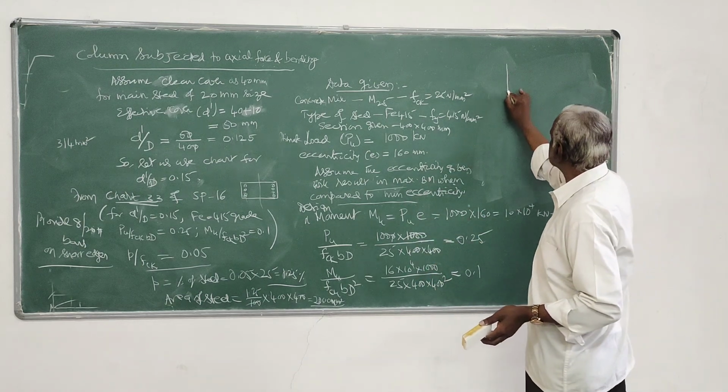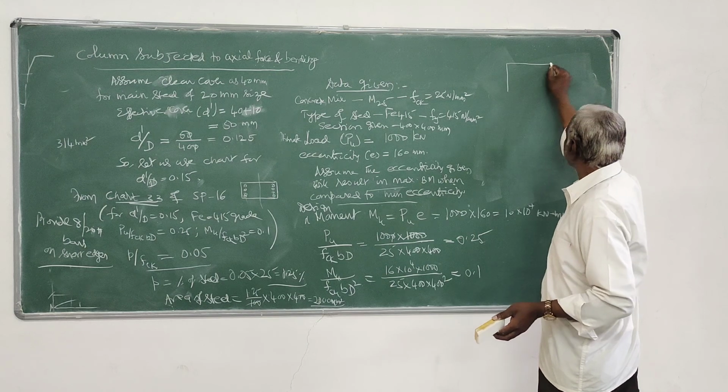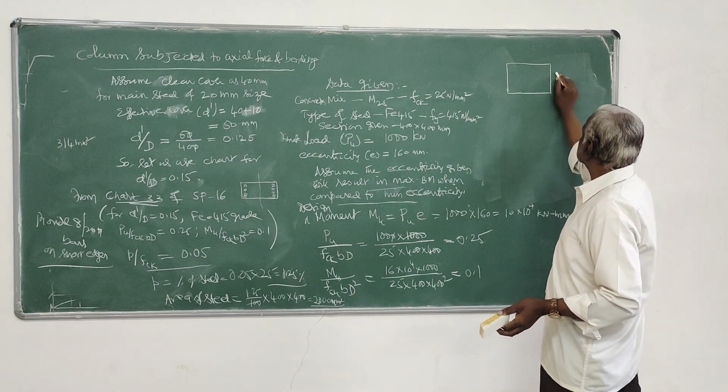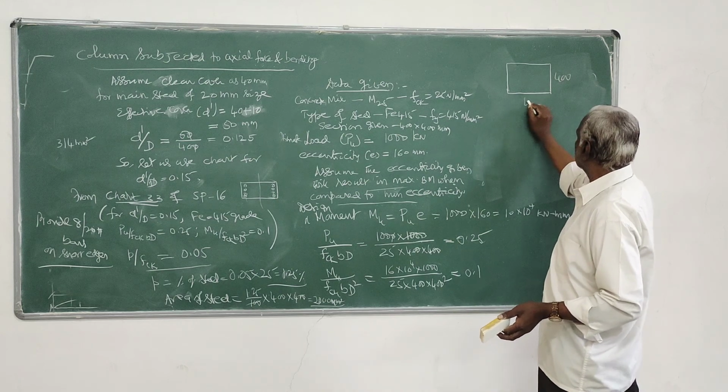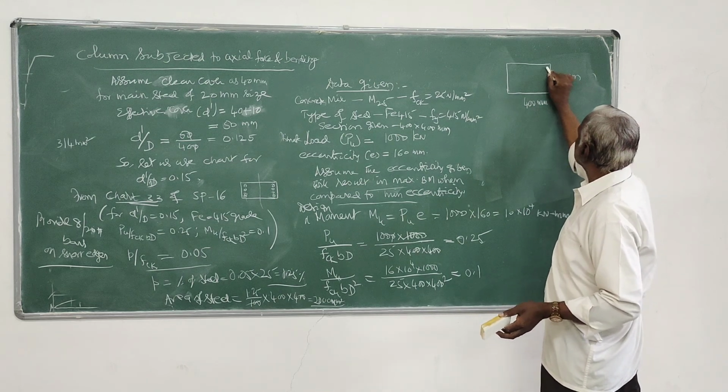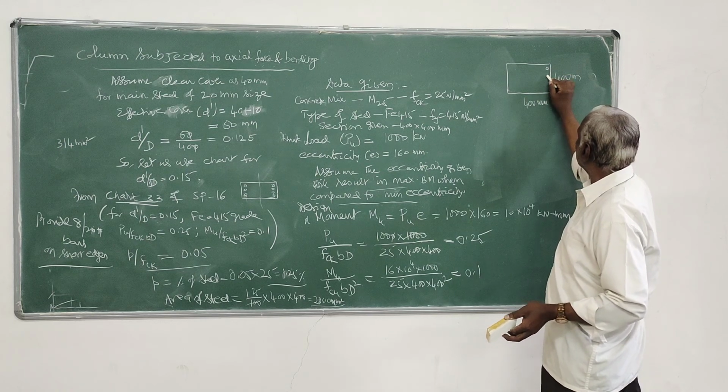So your reinforcement sketch will be like this. This is 400 mm, 400 mm. So I have used 8 numbers of 20 dia bars.